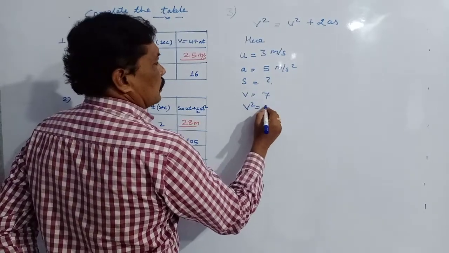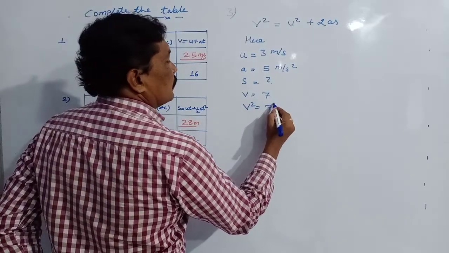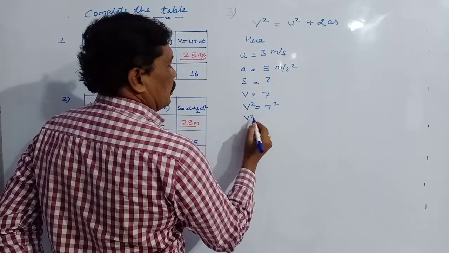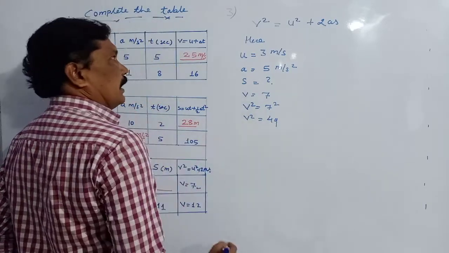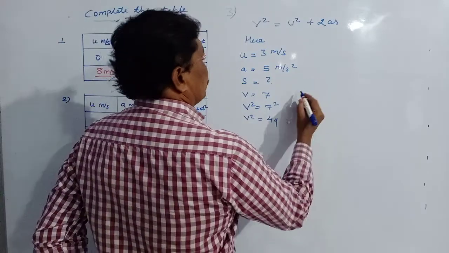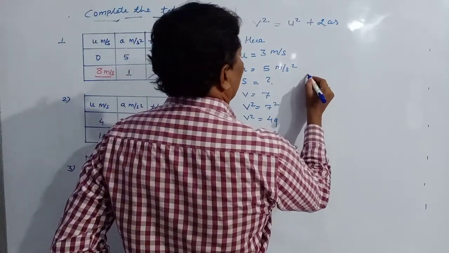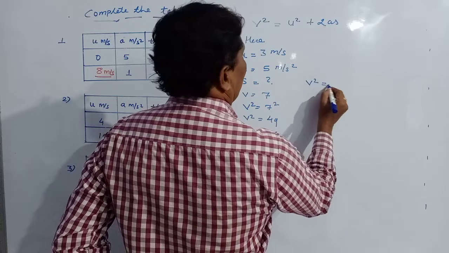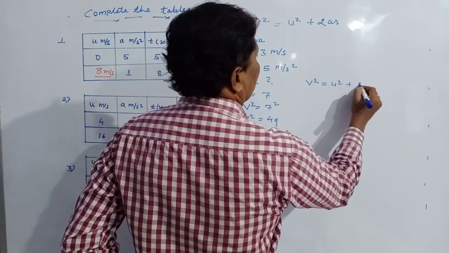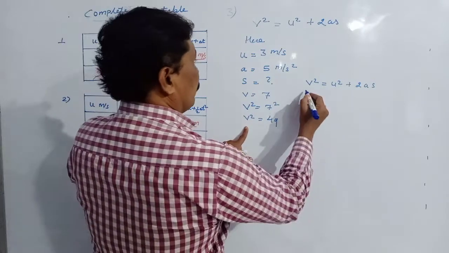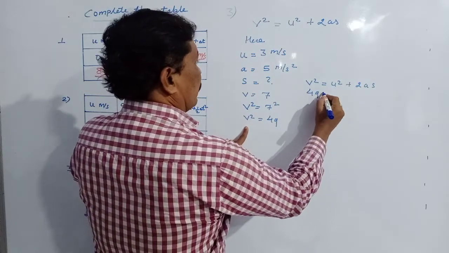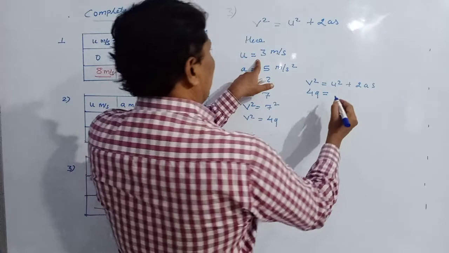V square is equal to 7 square. V square is equal to 49. V square is equal to u square plus twice as. We'll put the value. V square is 49 is equal to u square.